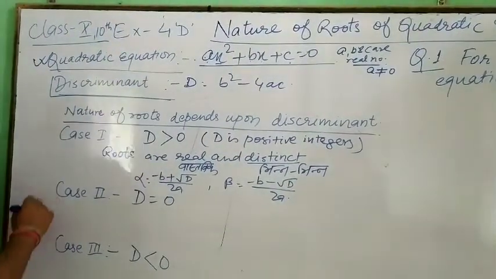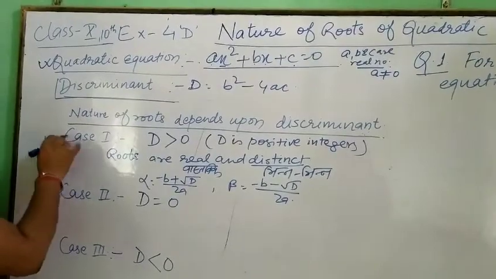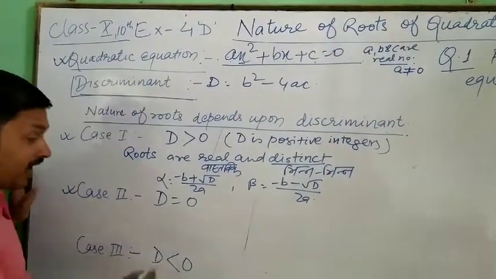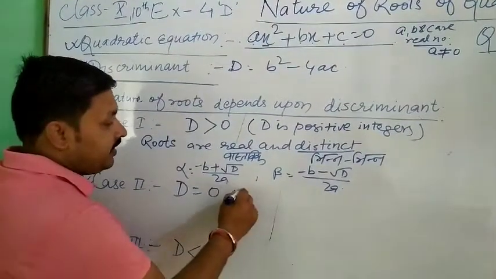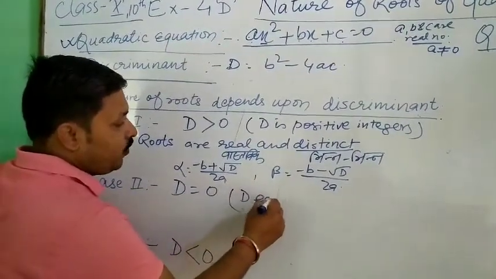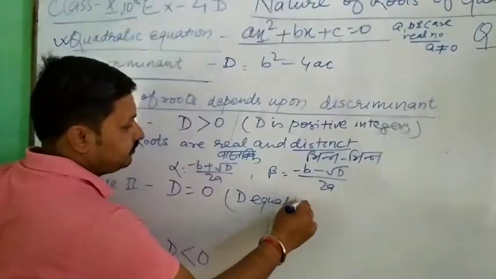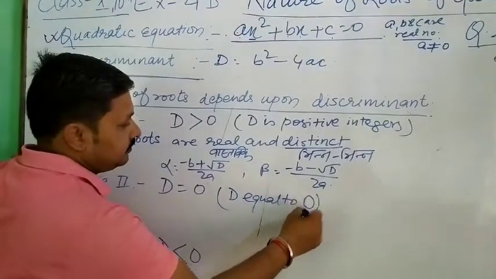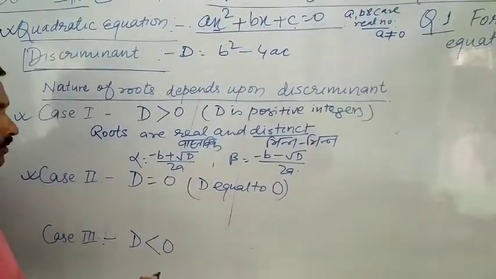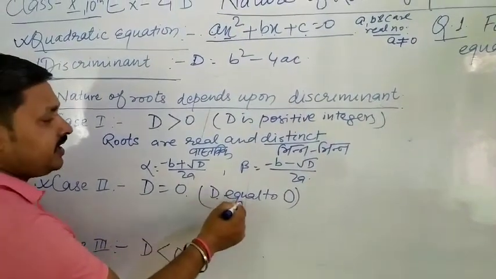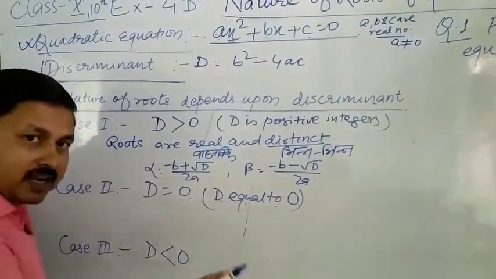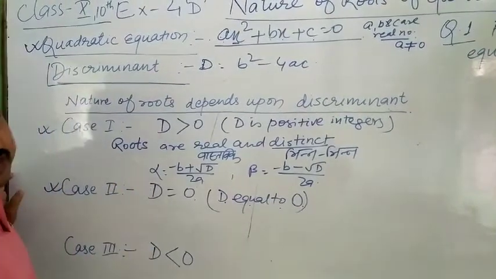But in the second case, when the discriminant is 0, that means D equal to 0, not less than 0, not more than 0.